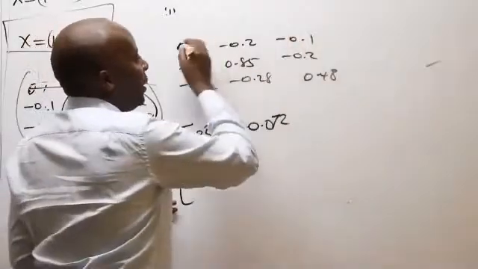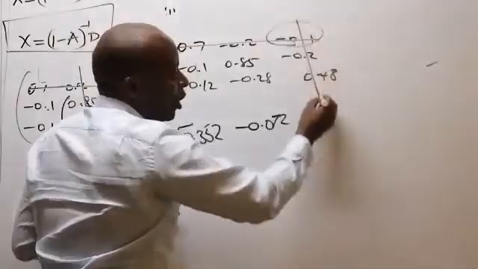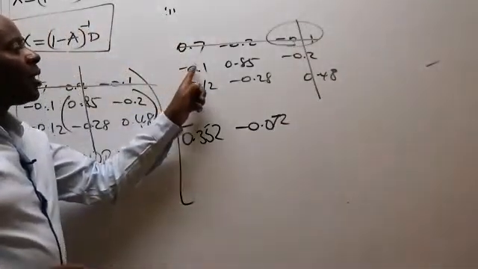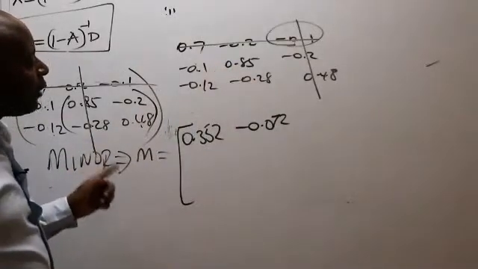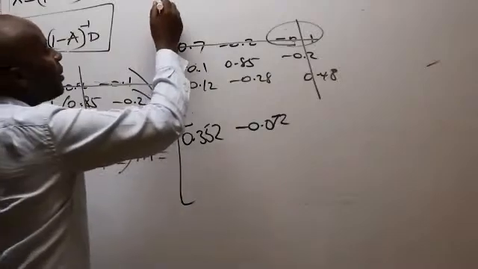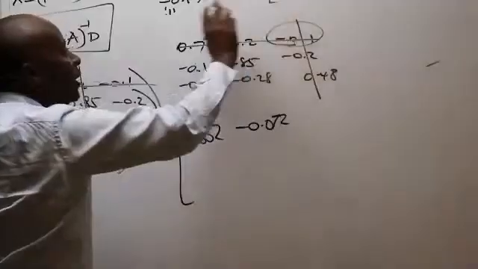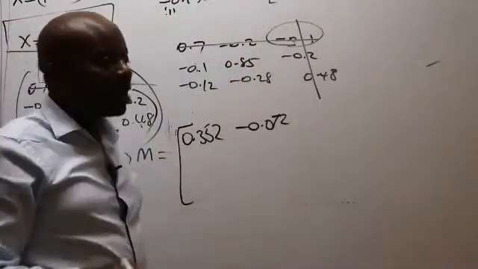You hide the element row-wise and column-wise, and then you'll be able to see the submatrix. The submatrix left uncovered here is minus 0.1 times minus 0.28. Please, if you forget the brackets of the secondary, you'll always be wrong.